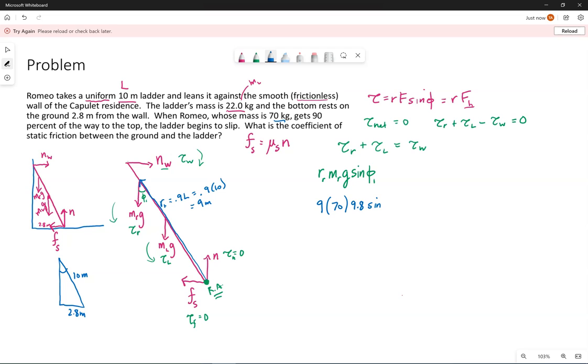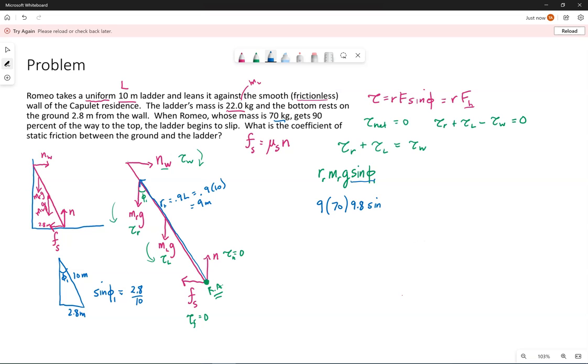So the phi 1 up here, I have opposite side and hypotenuse. I can say that the sine of phi 1 will be 2.8 over 10.